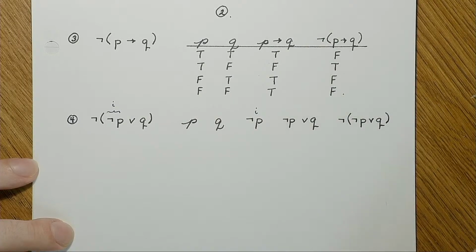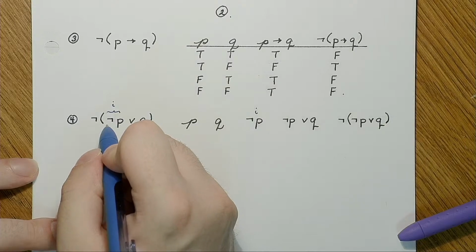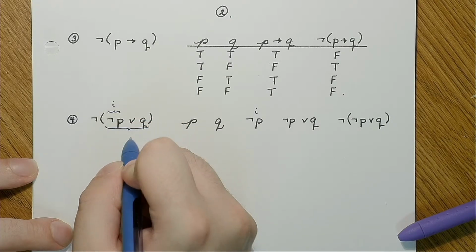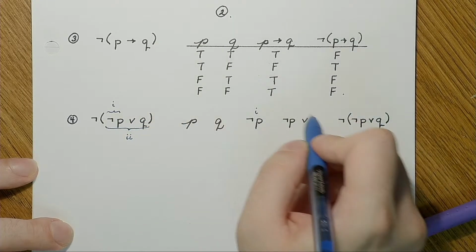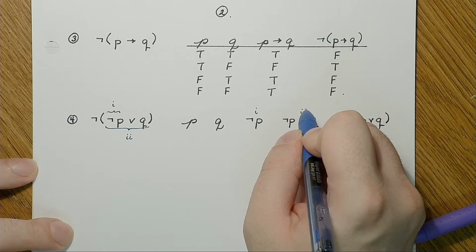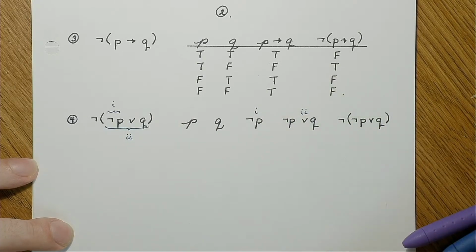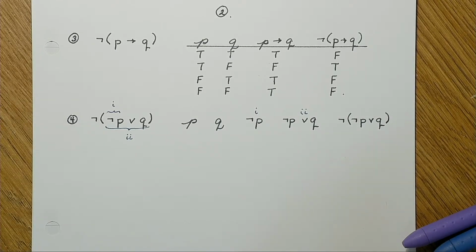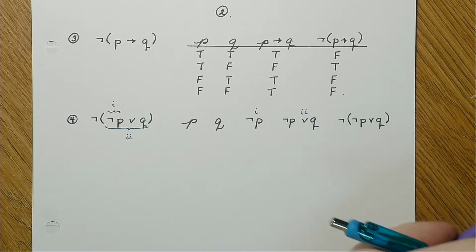Let's see, how many colors do I got? The next one here, call this 2. And lastly, could this be simplified to P or not Q? I will get to that answer in a second.